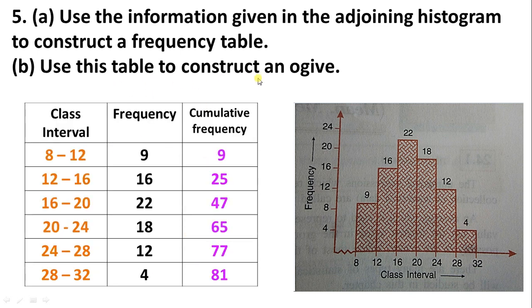As it is asked to construct an ogive, let us calculate cumulative frequency. 9, 9 plus 16 is 25, 25 plus 22 is 47, 47 plus 18 is 65, 65 plus 12 is 77, 77 plus 4 is 81. Hence mark an ogive.